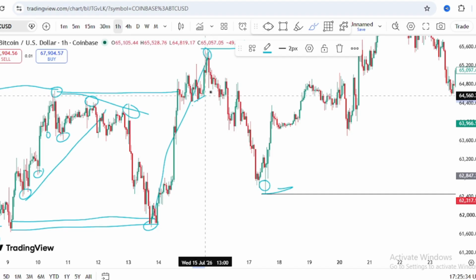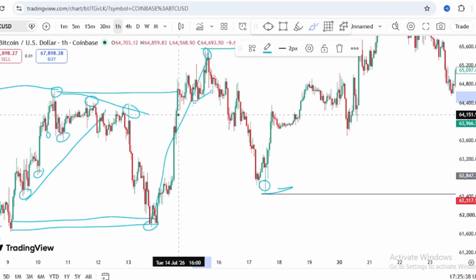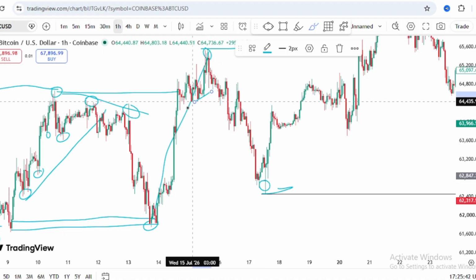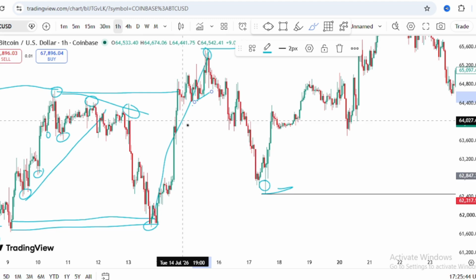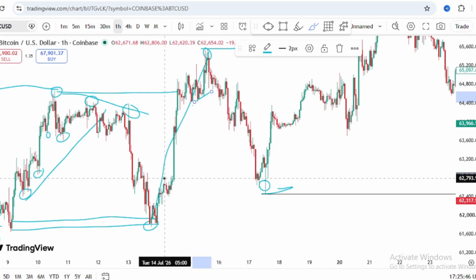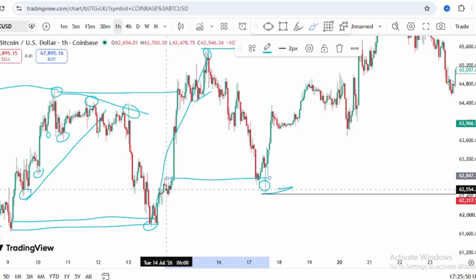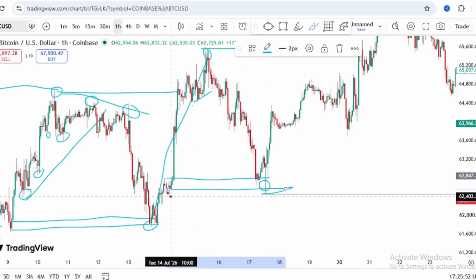We have liquidity being created along this impulsive move, and there is a correction. After market took out liquidity, there is a support level here, and this support level has another block.